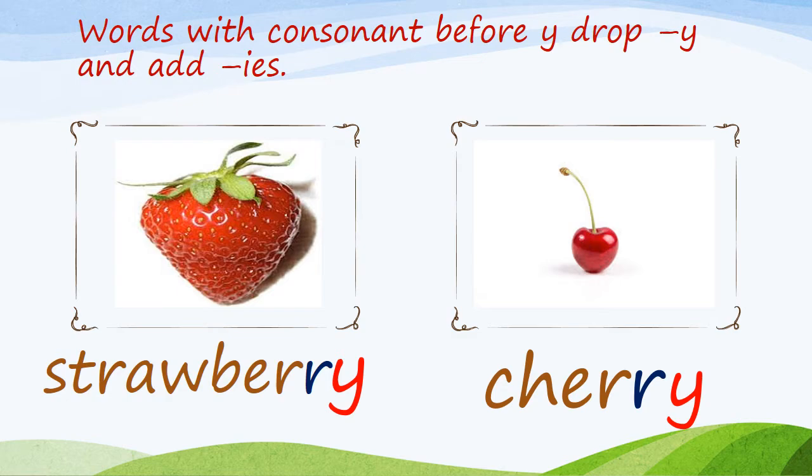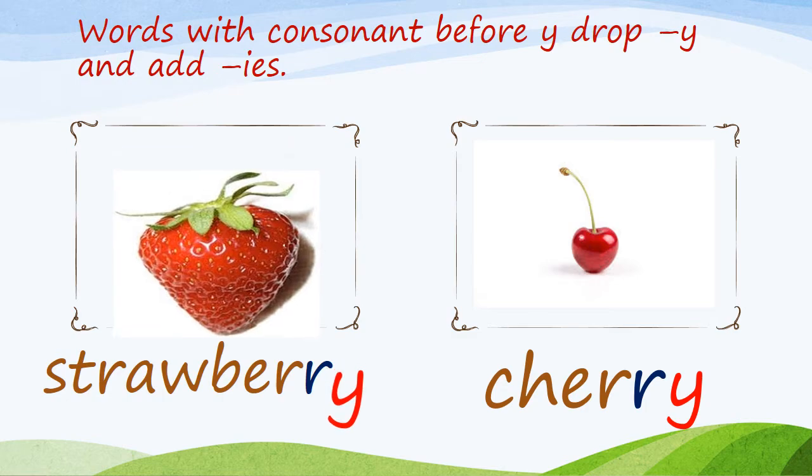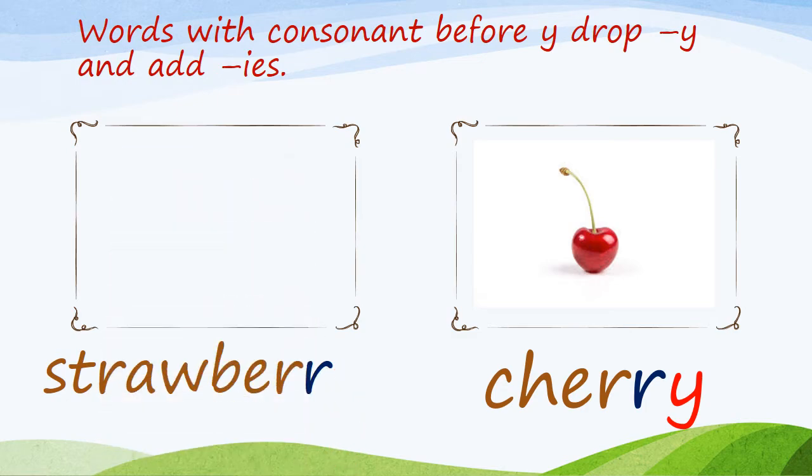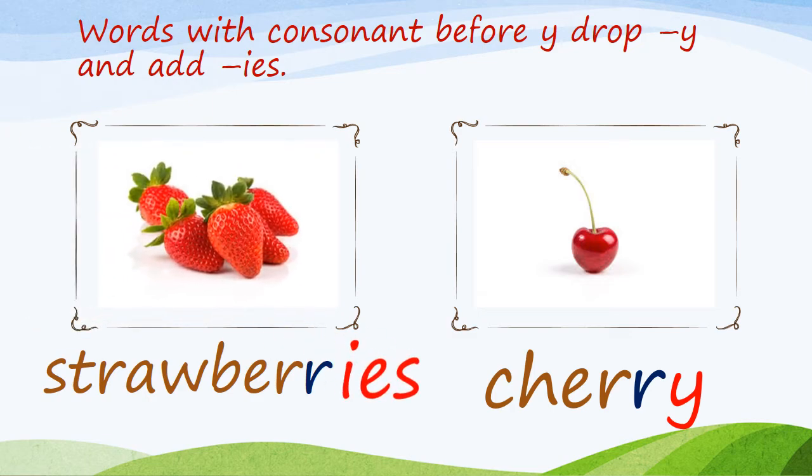Now strawberry ends with Y and the letter before Y is again a consonant, R. So what will you do? Yes, you will drop Y and add IES to make it strawberries.